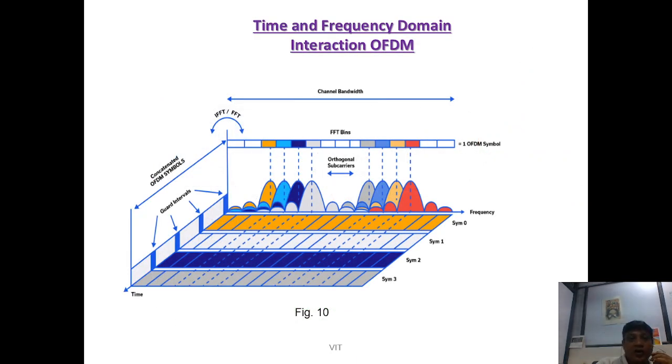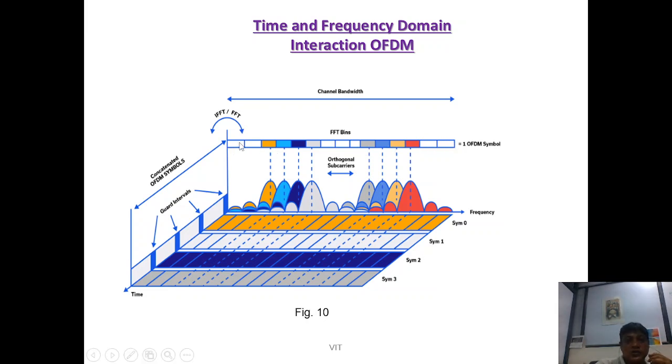Now we try to understand the same in the time and frequency domain. This x-axis is frequency and this y-axis is time. For example, say this is an OFDM frame, divided into 64 subbands.